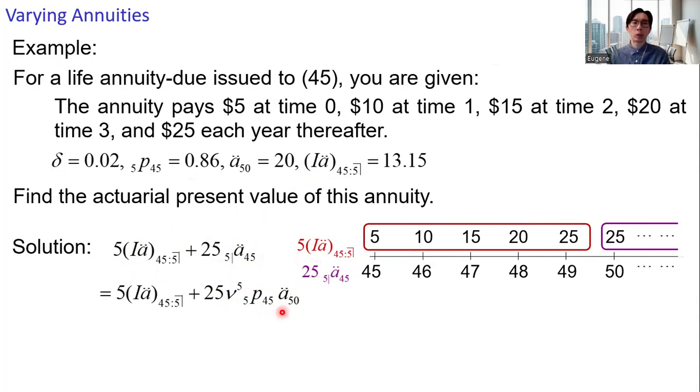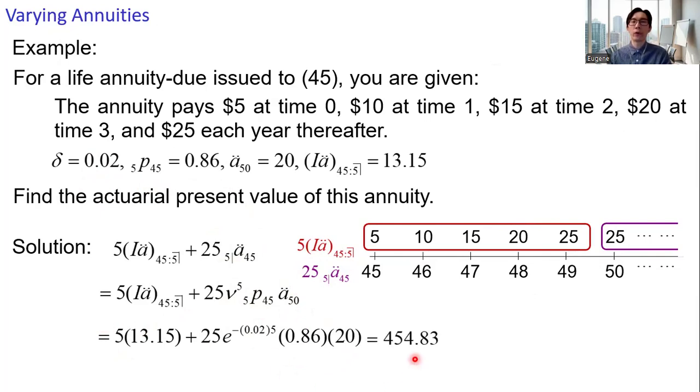And here we get all the quantities: v to the power 5 with the corresponding force of interest, and then 5p45, and then A50. Doing the calculation, we get the answer, 454.83.